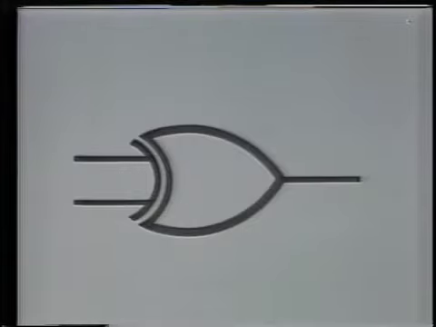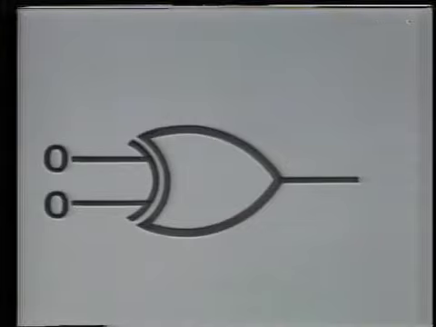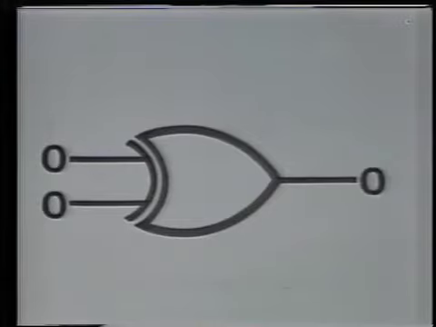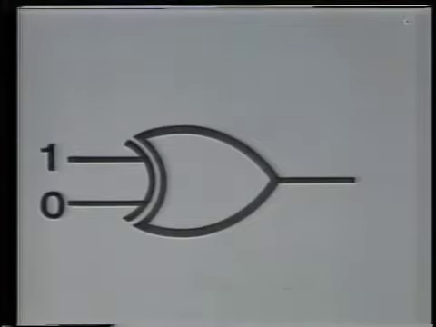If we have 2 zeros at the input to the exclusive OR gate, the exclusive OR gate behaves just like the conventional OR gate. The inputs are not different, so the output should be a 0. With 2 zeros at the input like this, that will result in a 0 at the output like this. Now let's apply a 0 at one input and a 1 at the other input.